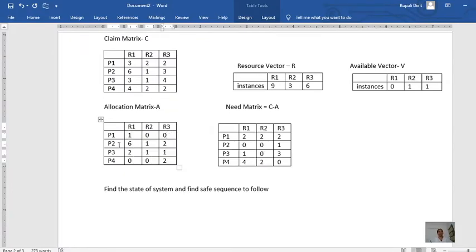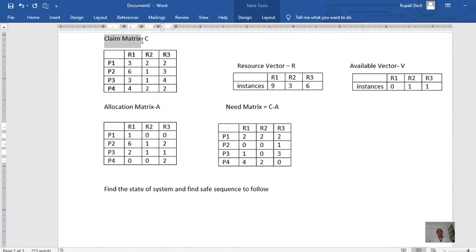P2 is granted 6 R1, 1 R2 and 2 R3 type of resources. Similarly P3 gets 2, 1, 1 and P4 gets 0, 0, 2. These are the allocations made by the operating system to the processes P1, P2, P3 and P4.